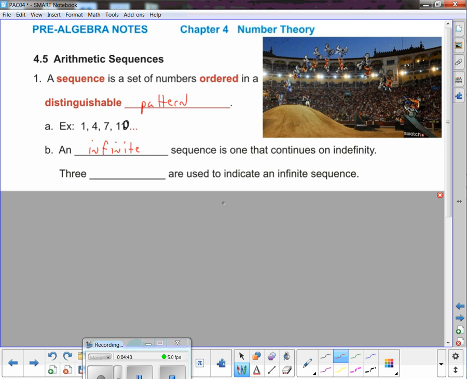All right, so they are called ellipses, E-L-L-I-P-S-E-S. Ellipses, which are simply dots or periods, are used to indicate an infinite sequence. And remember this, whenever you're going to use three dots, you're always supposed to show at least three terms in the pattern before you use the three dots. Same thing with numbers and all that stuff. So we've got an infinite sequence.